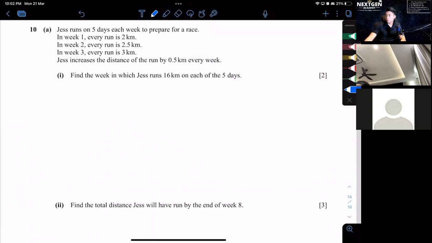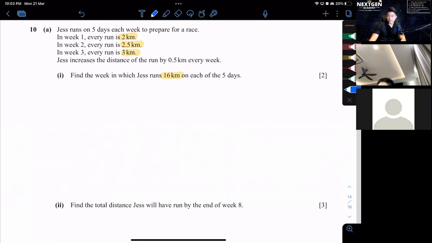Okay, so what type of question is this? You see, it increases 0.5 every week, right? So it follows a pattern of an arithmetic progression because it's plus 0.5, plus 0.5, plus 0.5. So you just need to observe this one. And then you want to find the week where Jess runs 16 km on each of the 5 days. Wow, that's a lot of mileage.